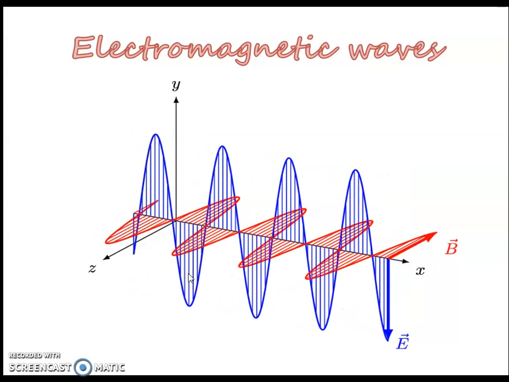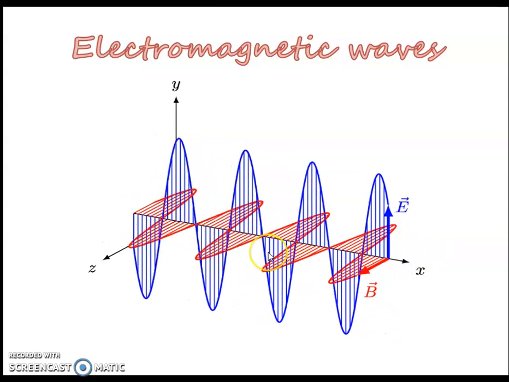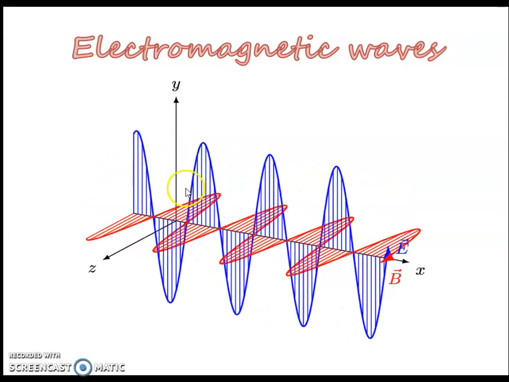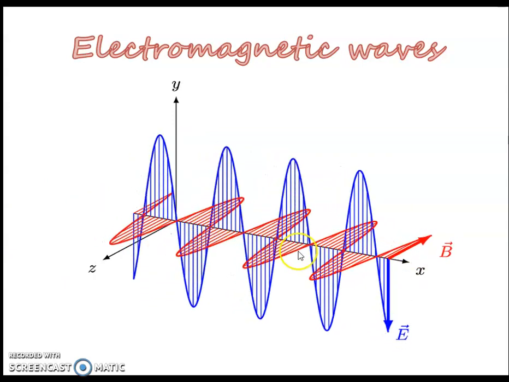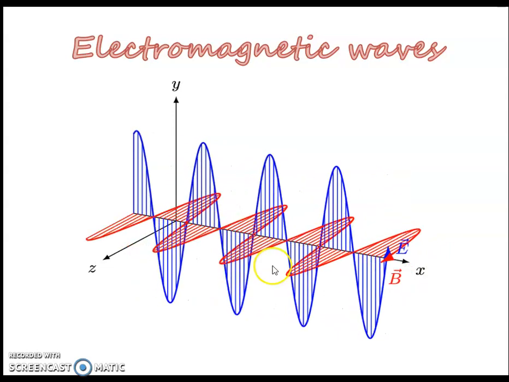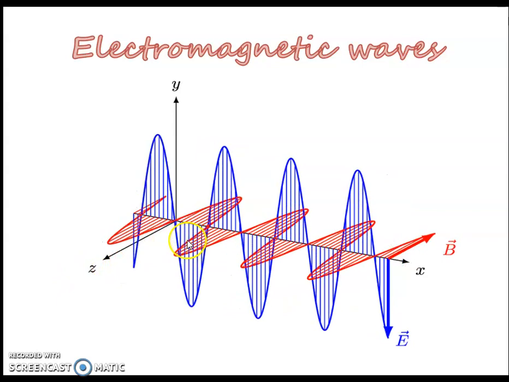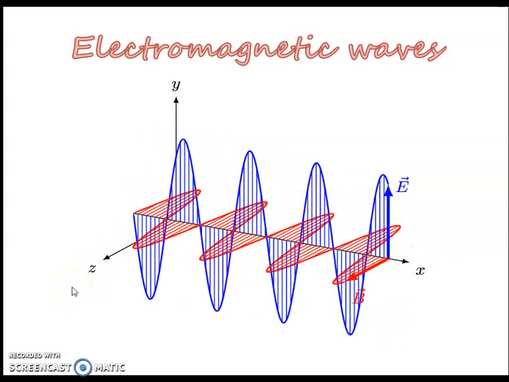In this picture, you can see an electromagnetic wave. Its electric field is traveling in the XY direction and the magnetic field is perpendicular to the electric field, in the XZ direction.